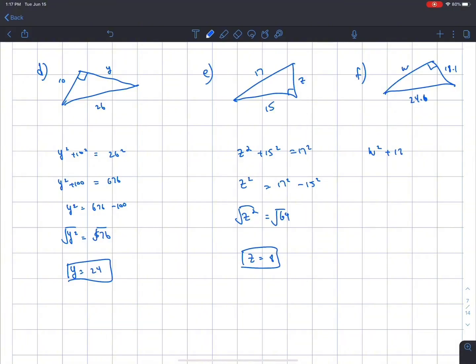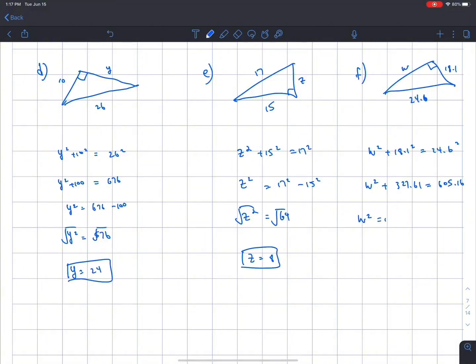So we have w squared plus 18.1 squared equals to 24.6 squared. W squared plus 327.61 equals 605.16.